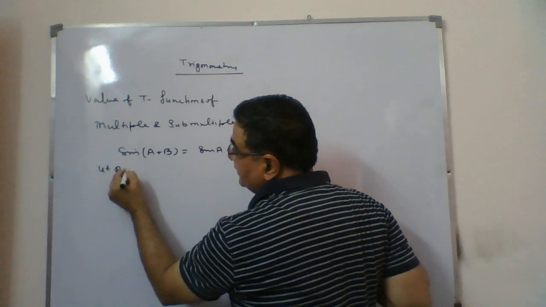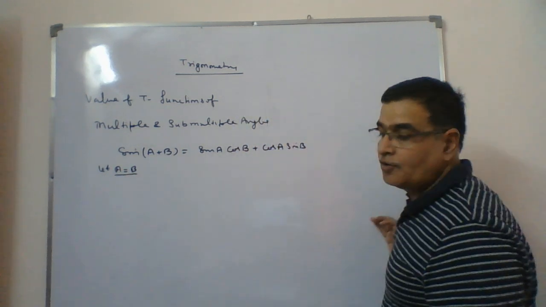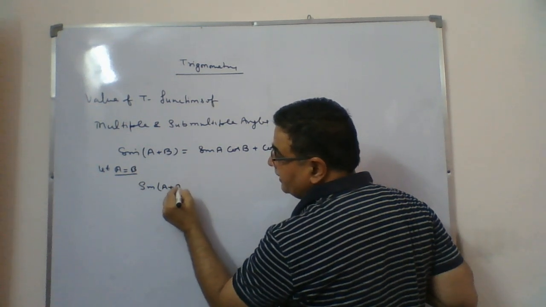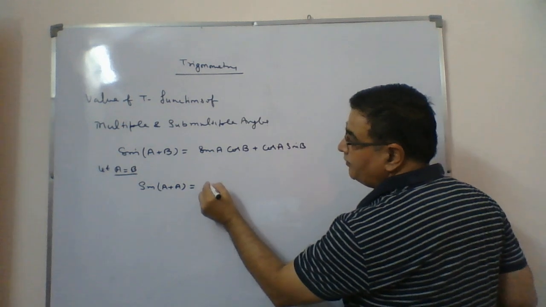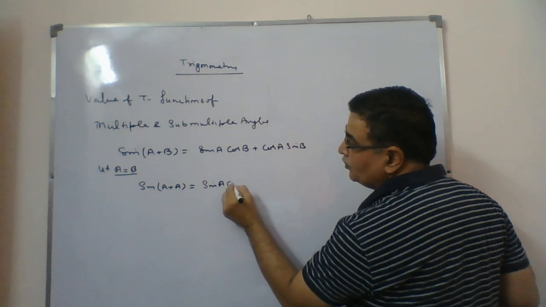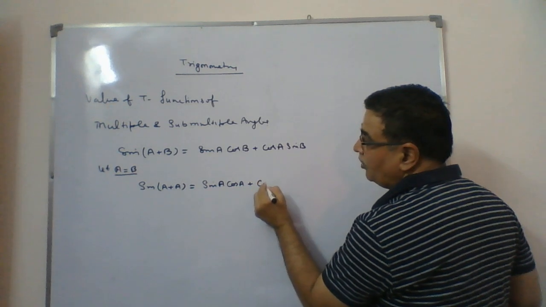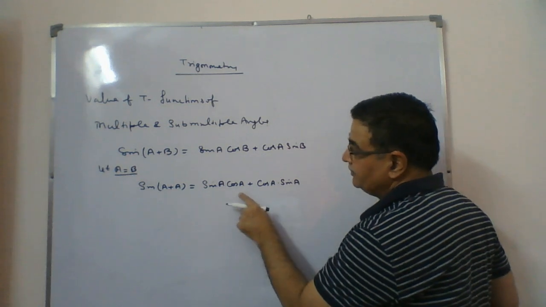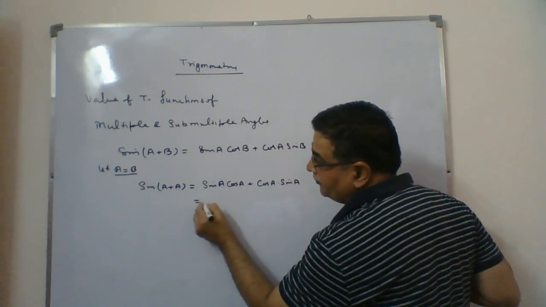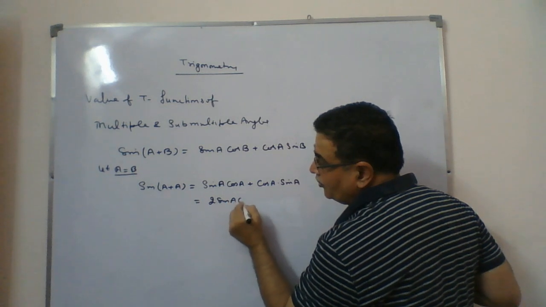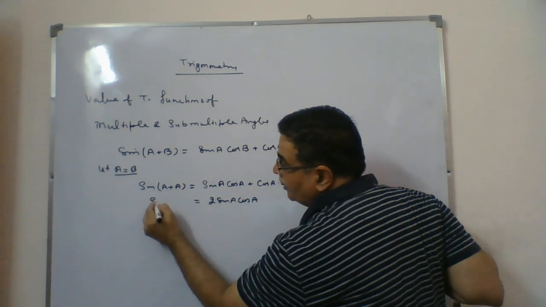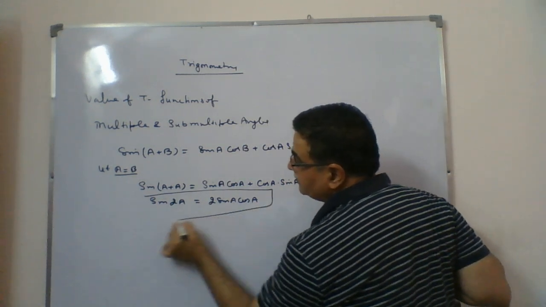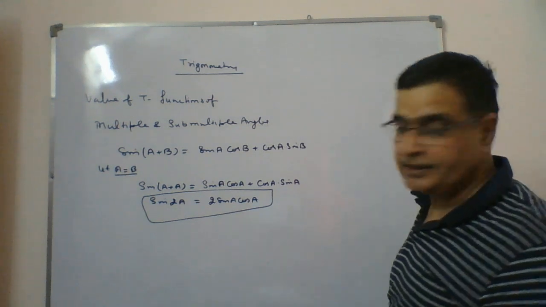Let me start with A equal to B. When we have A equal to B, in that case it will come out to be sin of A plus A, and here it comes out to be sine A cos A plus cos A sine A, and when you solve it, it will come out to be 2 sin A cos A. This is the formula of sin 2A we got. So you should remember this formula now. Sin 2A will be 2 sin A cos A.